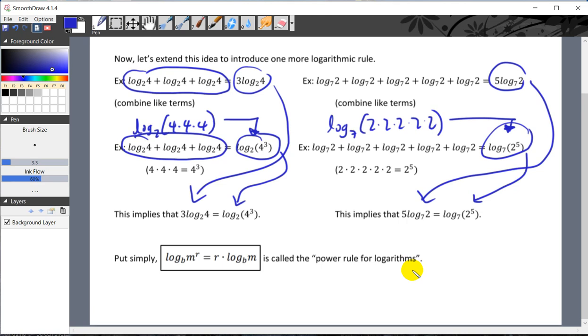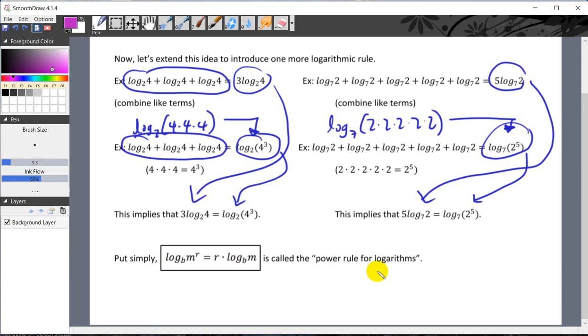Now if we look for a specific pattern between each of the expressions we created here, as you can see, if you have a 3 here as an exponent, we can bring that down, and that's how we get the 3 there. Similarly, if we see a 5 here, we bring it down, and that's how we get the 5 there.